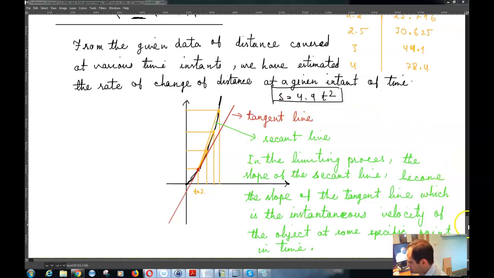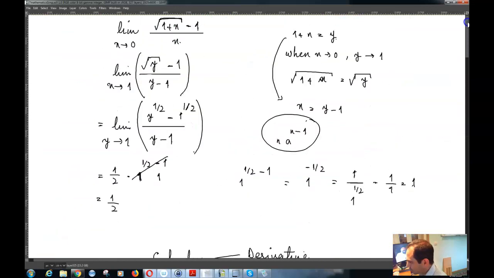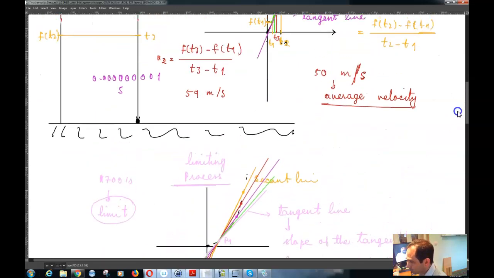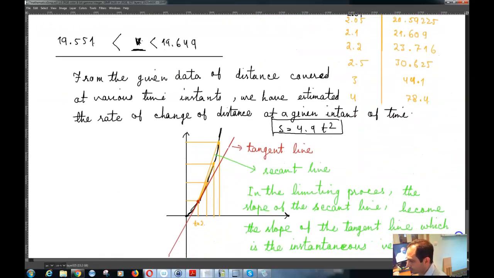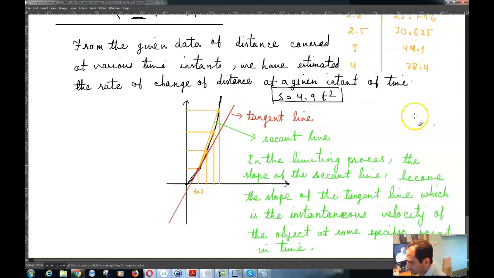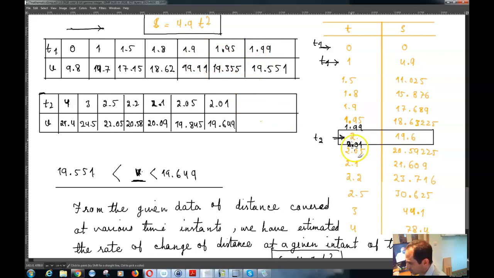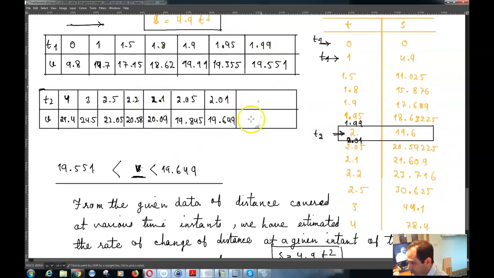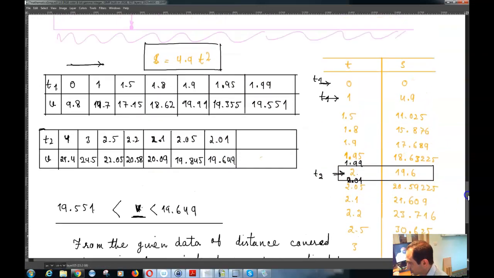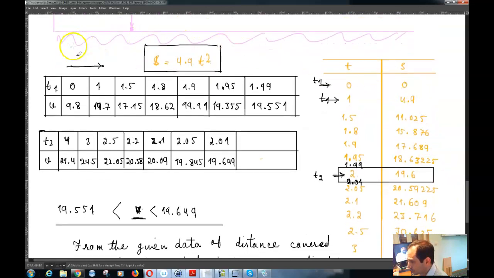Now the only thing that we don't understand here, we came all the way up to this point where we got closer and closer to 2 from both sides, but still we don't have a good idea of how the limiting process actually works.